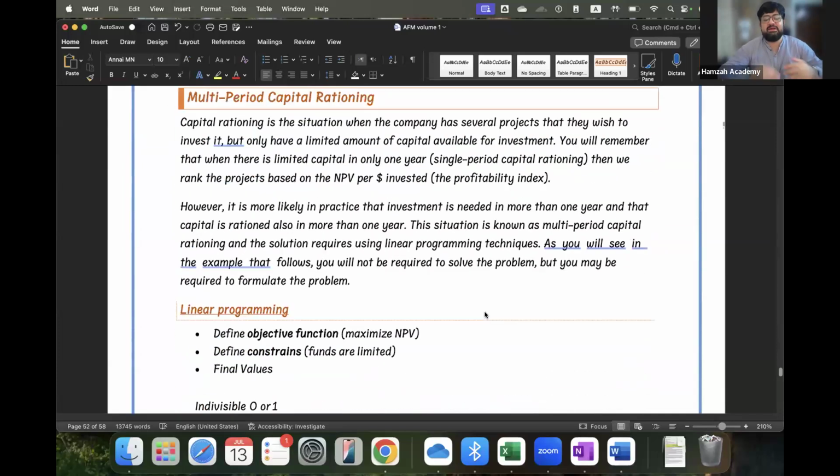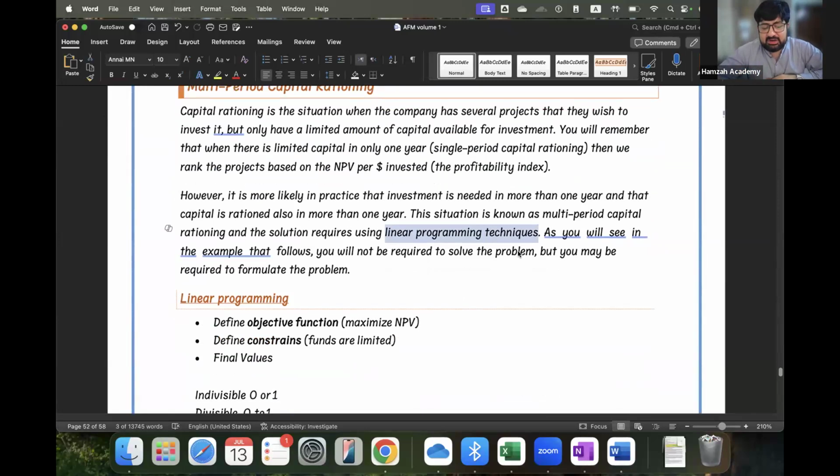Okay. Now, multi-period capital rationing. When funds limitation is for a number of years, not only 1 year, linear programming is used to select the best investment plans.